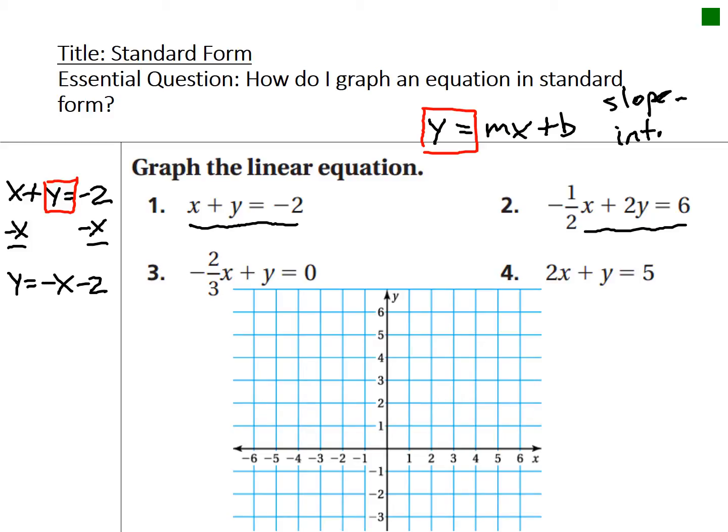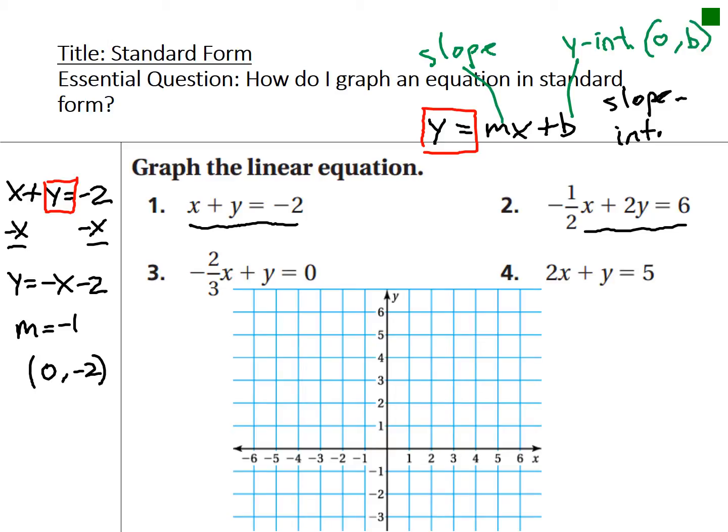Already we can see that we have a slope of negative 1 and a y-intercept of negative 2, because m is the slope and b is the y-intercept, which is that point at (0, b).